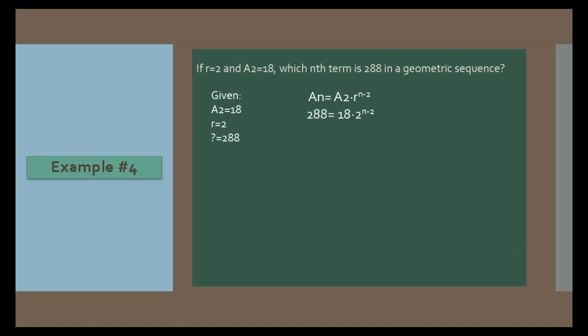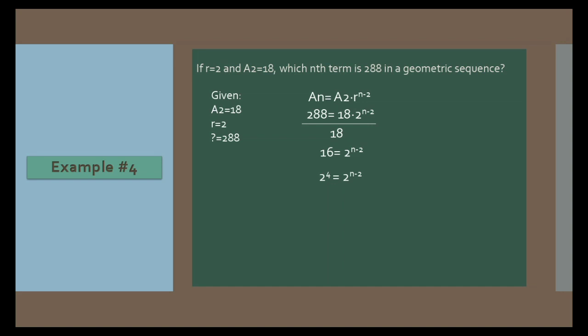288 is equal to 18 times 2 raised to n minus 2. We will divide both sides by 18 para yung n na lang yung matitira sa kabilang side ng equation. At ito ay magiging 16 is equal to 2 raised to n minus 2. Dapat maging kapareho ng base ang 16 at 2 kaya siya ay naging 2 raised to 4, dahil ang 2 raised to 4 ay equal din sa 16.